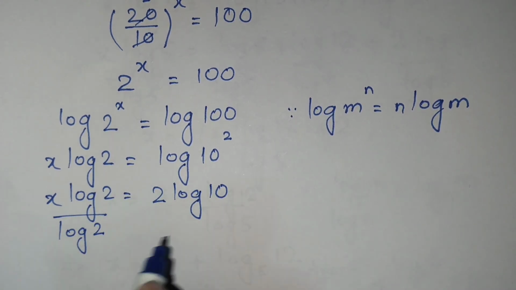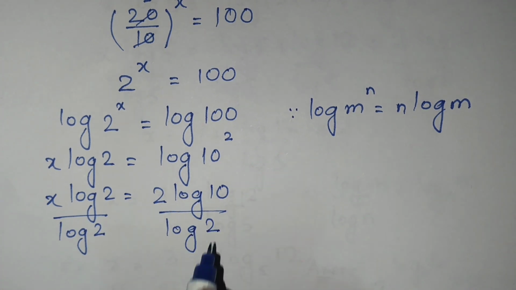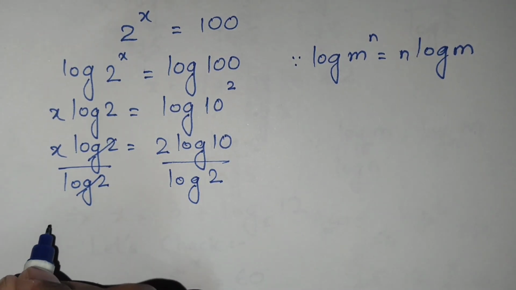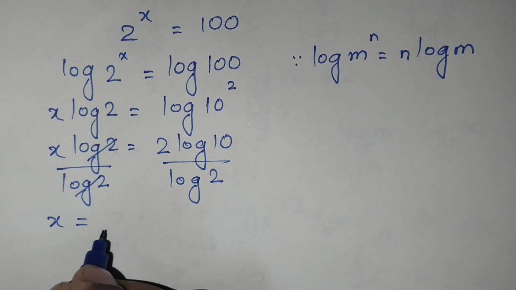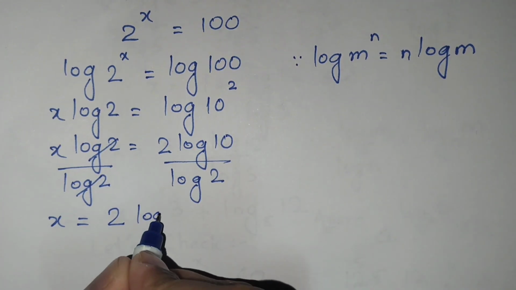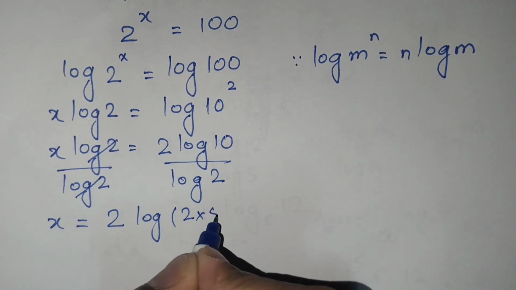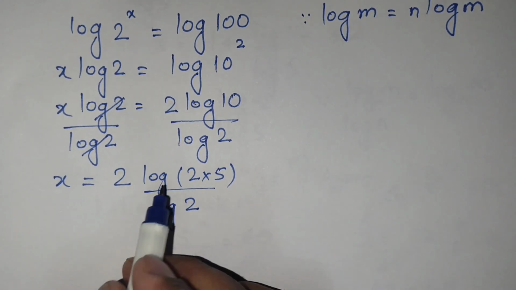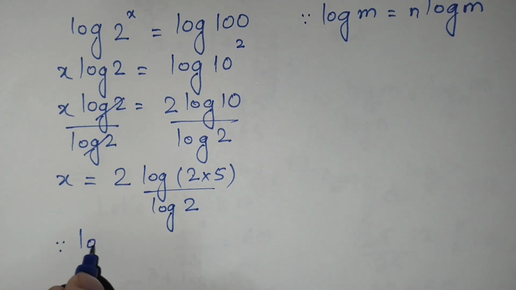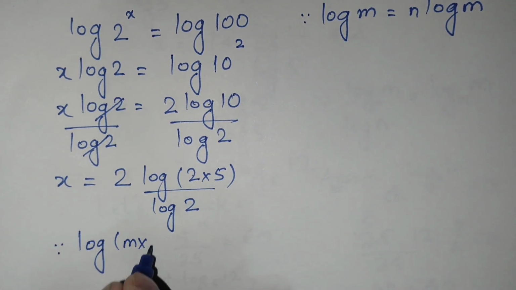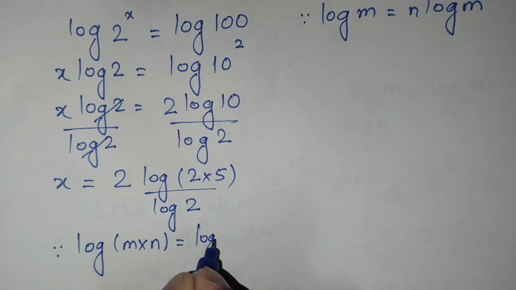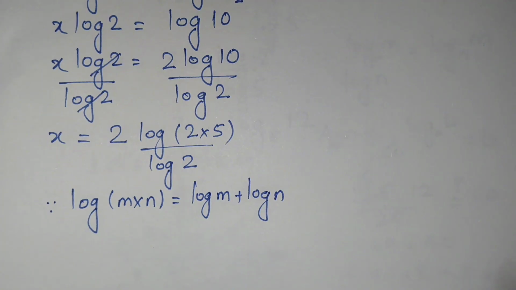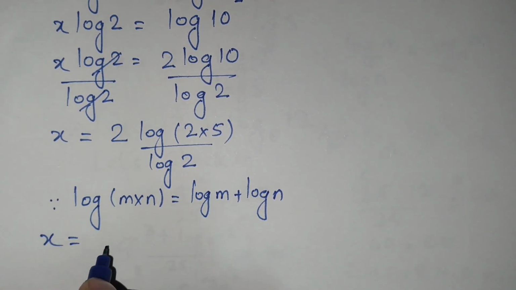So dividing log of 2 on both sides, we will get x equals 2 log of 10 over log of 2. We can write 10 as 2 into 5. Now we'll use the formula log of m times n equals log of m plus log of n, and we'll use this for log of 2 times 5.